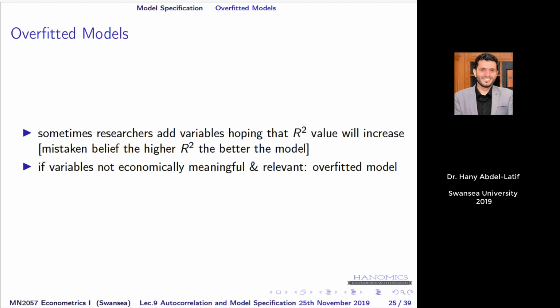People might include variables because they see a higher R squared and think they have a better model, but this is not true. This is the problem of overfitted models, where you include variables that are not very relevant or economically meaningful, so you shouldn't include them.